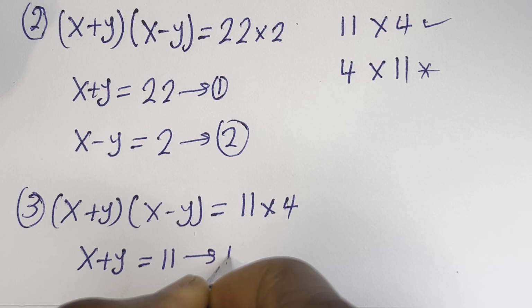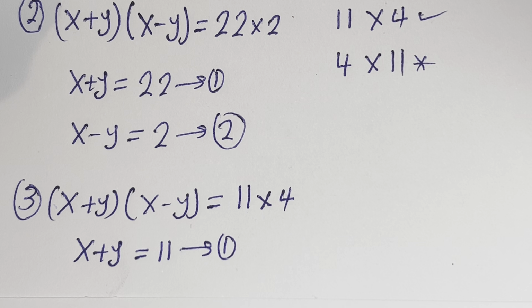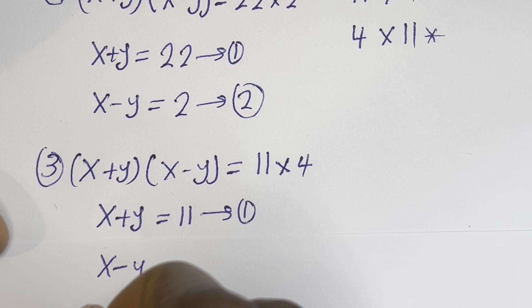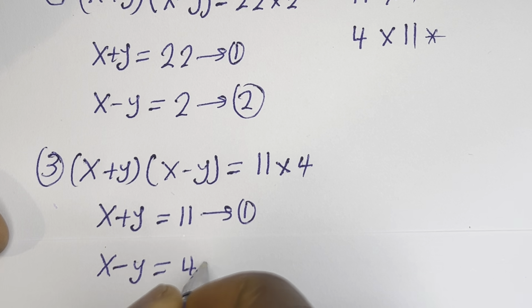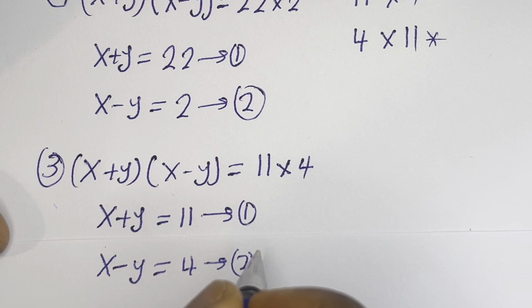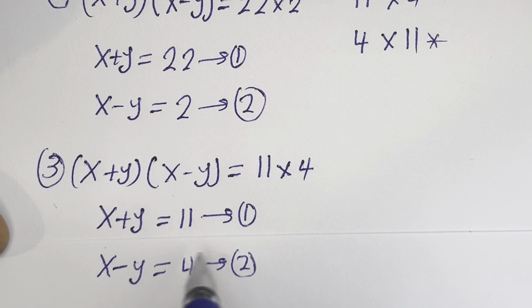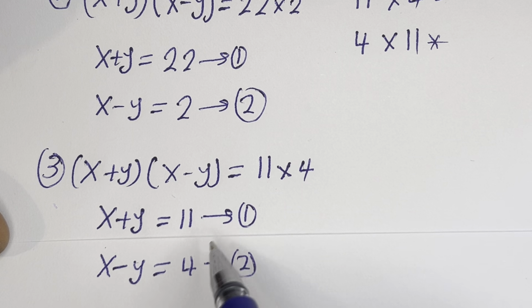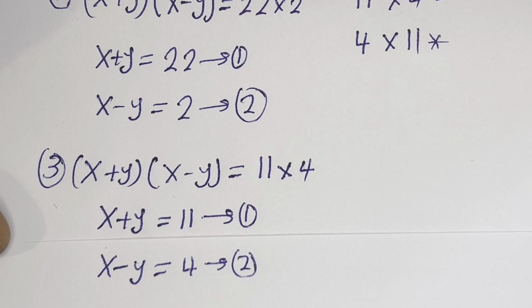This is equation 1. Then x minus y is equal to 4. This is equation 2. So we can now solve all these equations simultaneously using the elimination method by adding the two equations together. Let's start from the first case.